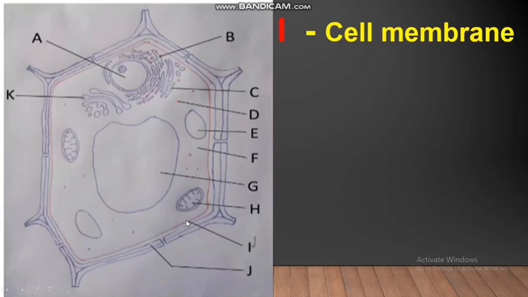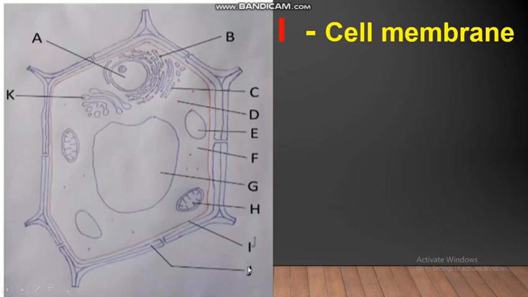The cell membrane is the part which encloses the content of the cell. It is selectively permeable. It controls the movement of substances that can go in and out of the cell. That is the general function of the cell membrane.